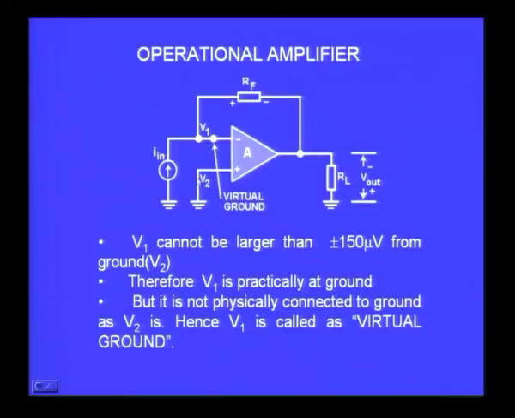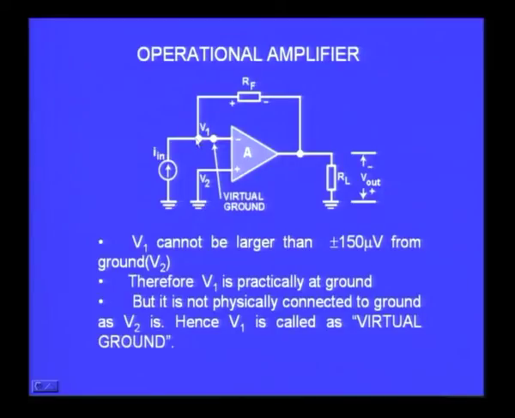So V1 cannot be different from V2 beyond 150 microvolts on either side. Therefore if this is ground, for all practical purposes this also can be taken to be very close to ground or almost ground. So you find this point is not directly connected to the ground, but still it is very close to the ground voltage as long as the V2 terminal is connected to ground.